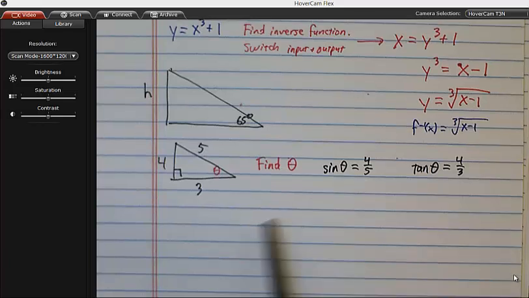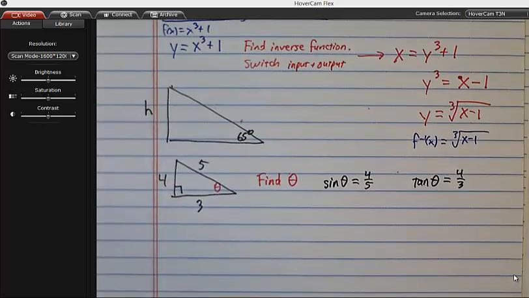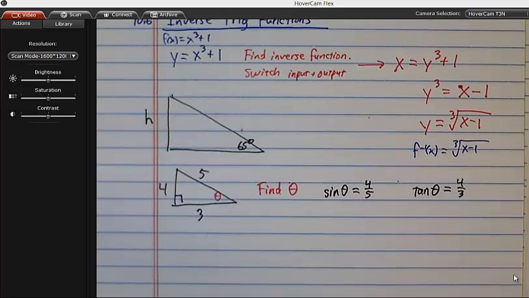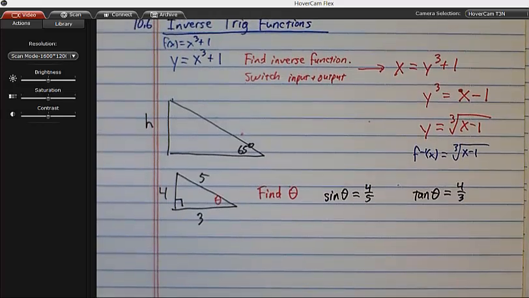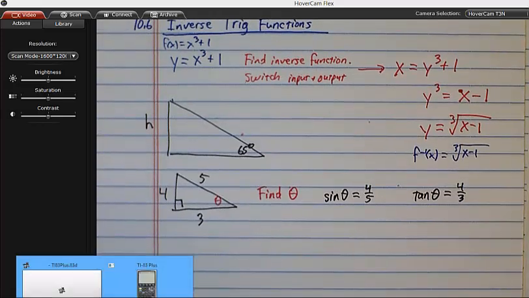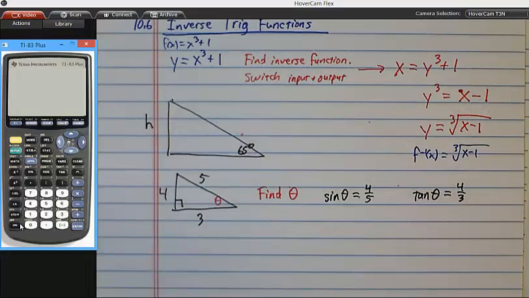And some of you have probably seen this before. Your calculator has buttons for inverse trig functions on it, so I want to make sure I show you that. If I want to know what theta is, for example, I want to solve that first equation: sine of theta is 4/5.